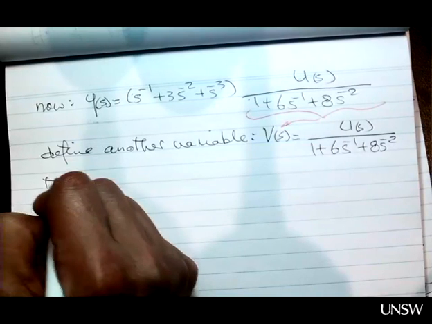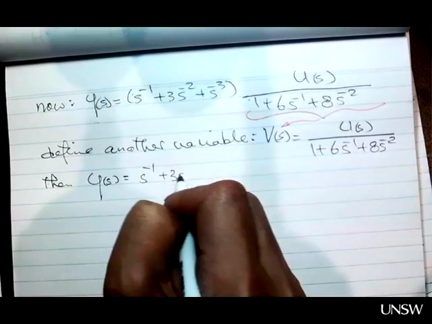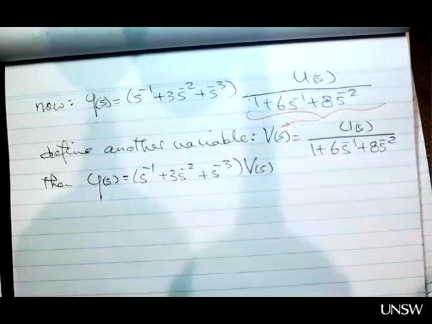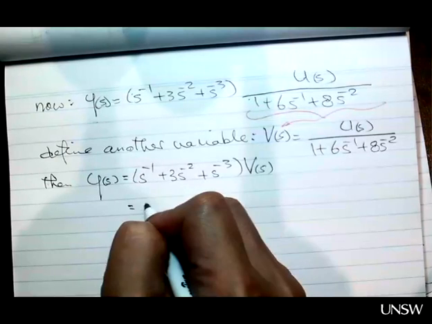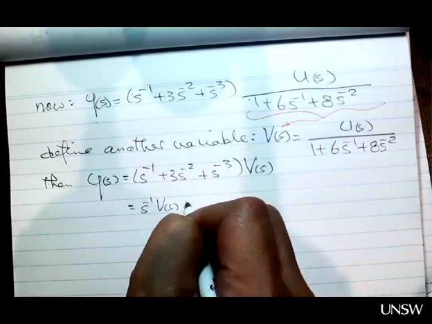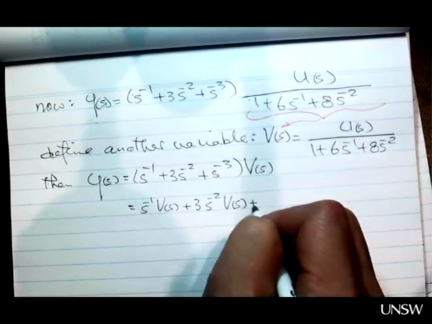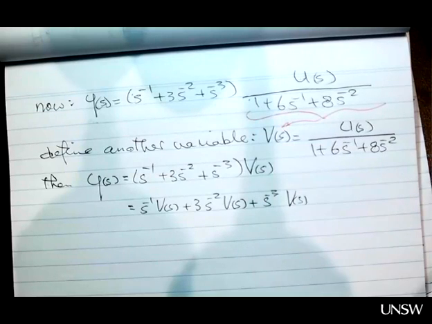Then we have Y(s) equals s^-1 + 3s^-2 + s^-3, then V(s). Then it equals s^-1 V(s) + 3s^-2 V(s) + s^-3 V(s). Okay, and so far follow this.